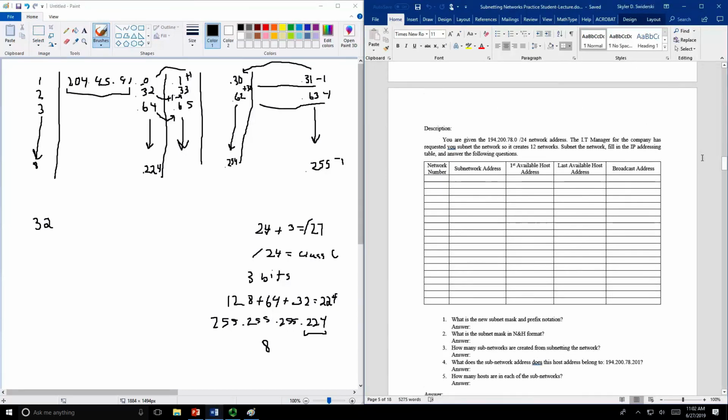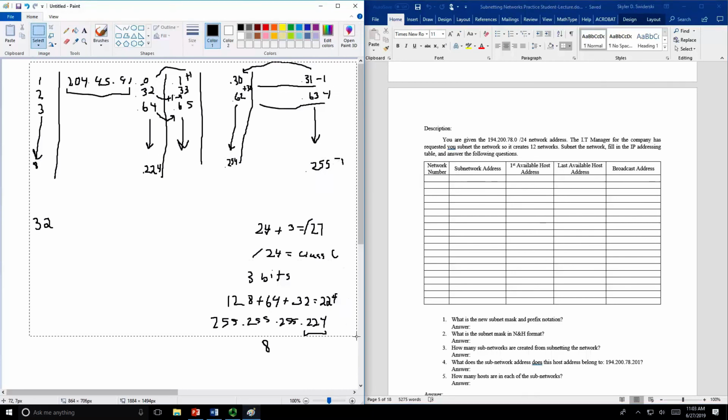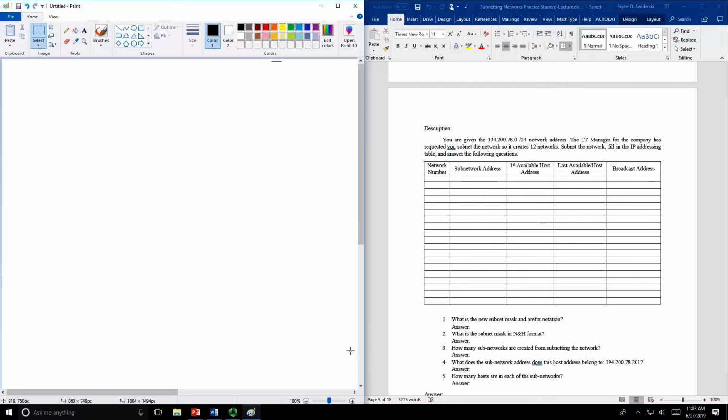Alright, so I suggest you try this on your own and see if you can come up with the correct answer, just to see how well you're doing with the problem type, and then I'll talk about the answer and give a summary of how we got to that answer.